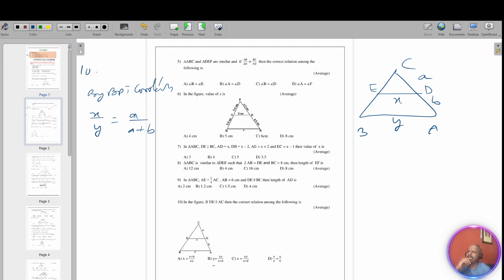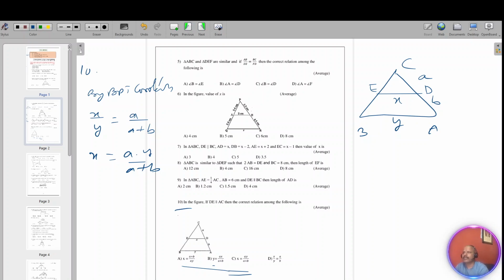Solve for X and check for option A or C. Sorry, solve for X. When you solve for X, A into Y by A plus B will come. You match with your MCQ here, which is option C. Don't try to fit the MCQ into your answer. First you write the answer part, then you match with the required MCQ in such questions.